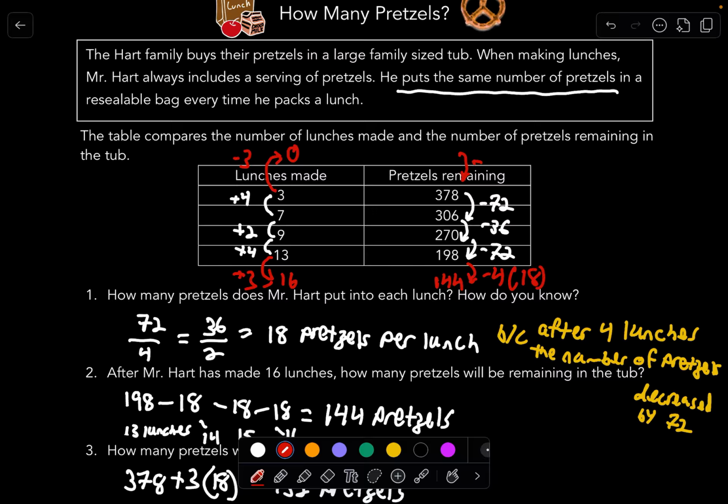Minus 3 times 18. So we have to add 3 times 18 to 378 because we would be subtracting 3 times 18. So if you do that, you would end up with the 432 with the 0 number of lunches made. All right.